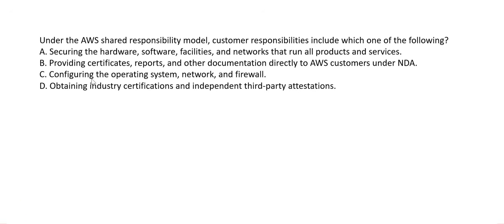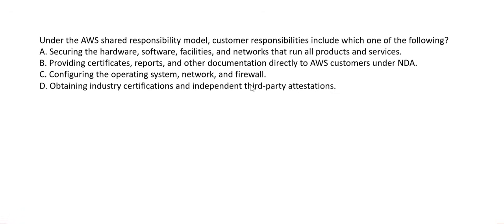C says configuring the operating system, network, and firewall. This is something customers have to do, because configuring the operating system is like, if you're creating an EC2 instance, whether you want to configure a Linux operating system or a Windows operating system, this is the customer's responsibility. Creating a firewall is a customer's responsibility.